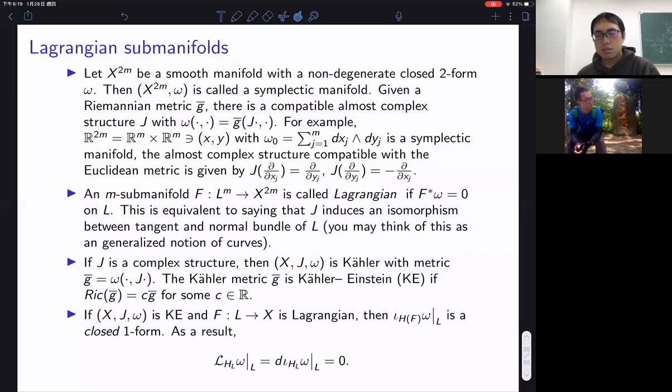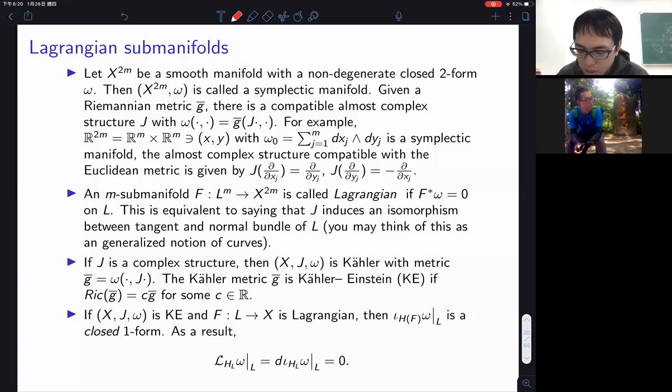Okay, so there's a nice thing about Kähler-Einstein manifolds. If you have a Lagrangian submanifold in the Kähler-Einstein manifold X, then the mean curvature vector actually defines a one-form on L. So basically you just take the interior product of the mean curvature vector with the symplectic form, and you get a one-form on the ambient space.